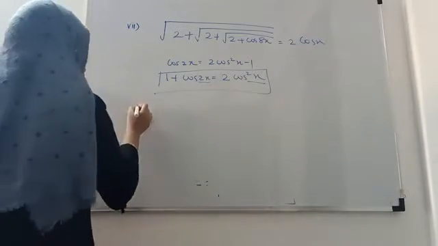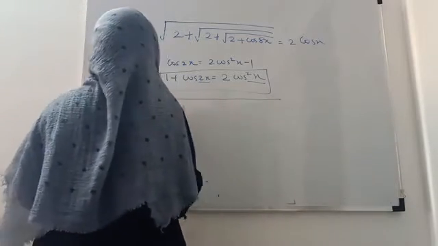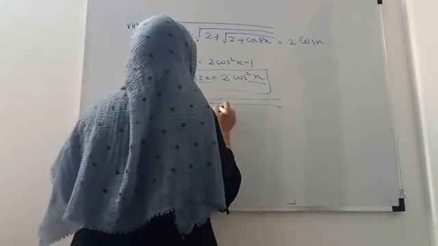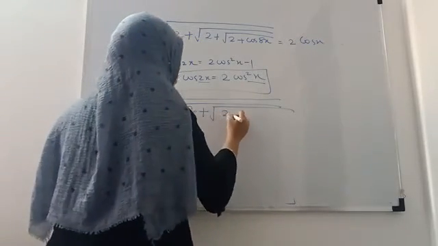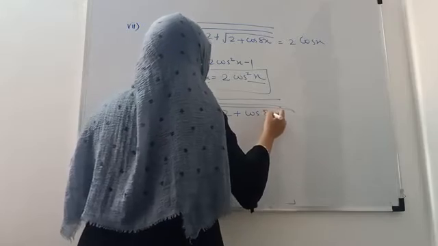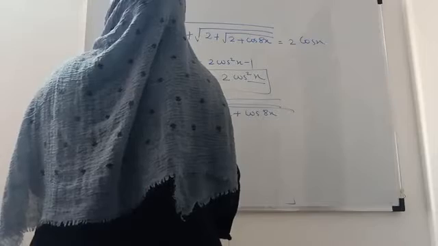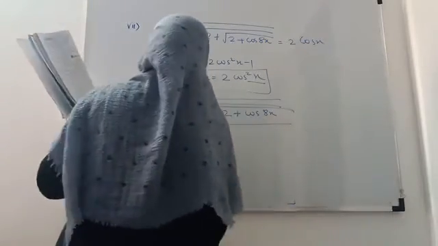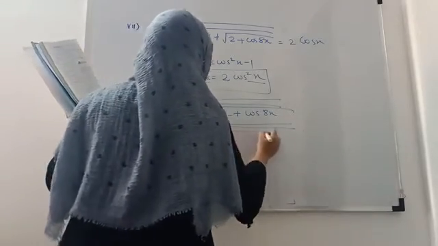Okay. So first of all, we'll start with LHS. 2 plus root 2 plus, there are 3 square roots, 1, 2 and 3. Okay. 2 plus cos 8x. So cos 8x can be written as 2, then the second root as it is, and the third root as it is.